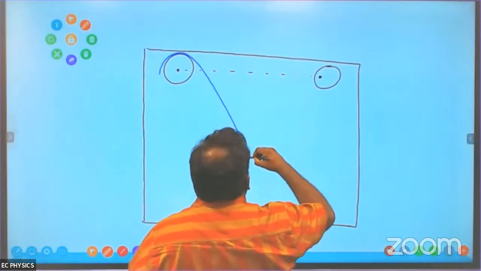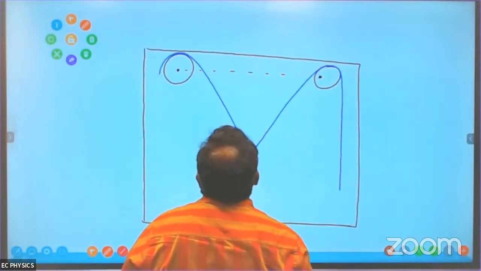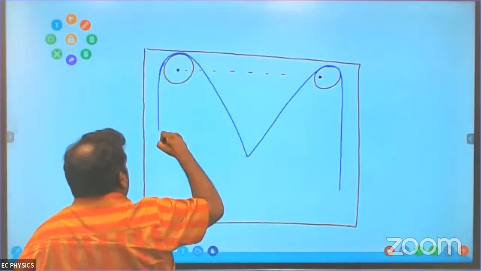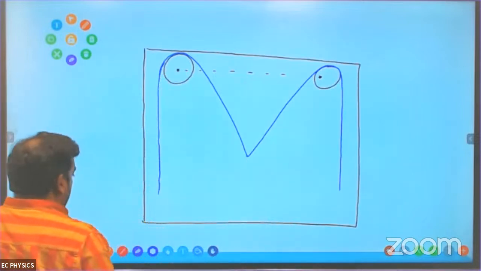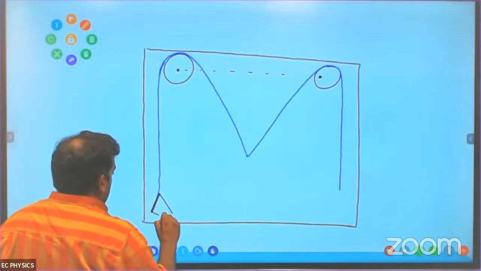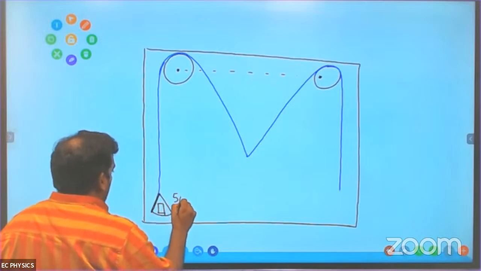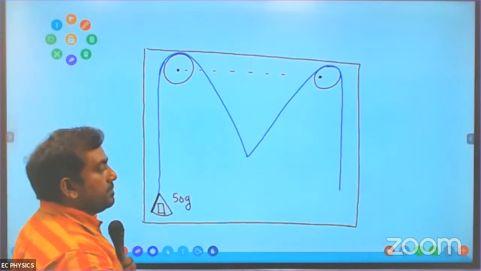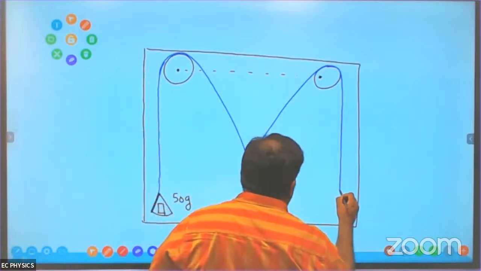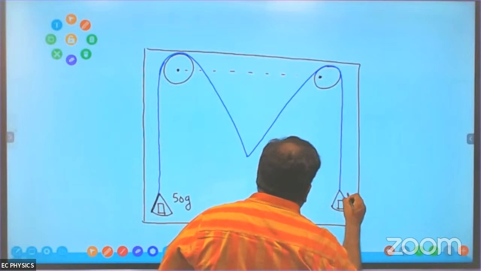So here you have the weight, scale pan, known weight 50 grams. I'm just randomly taking it now.